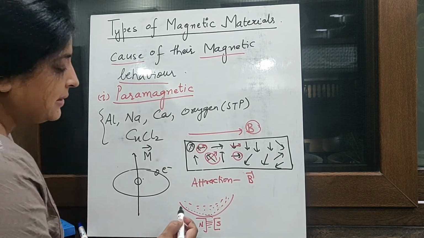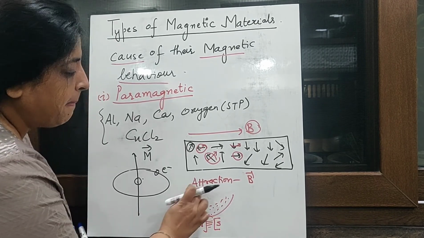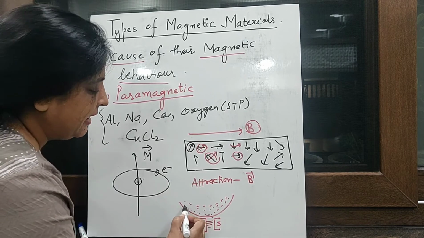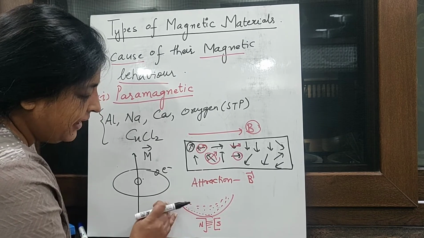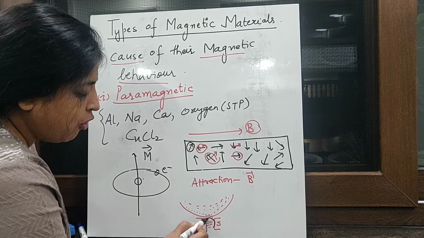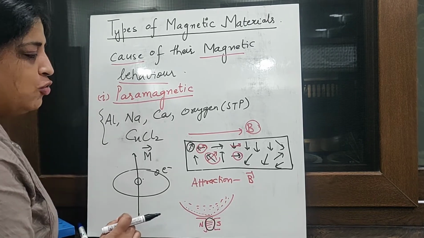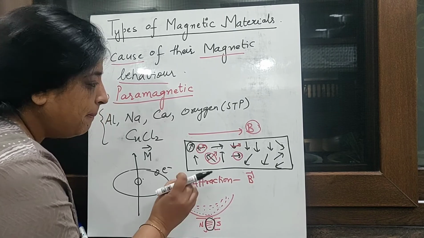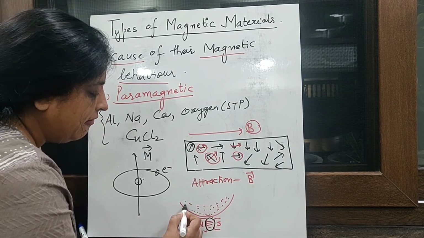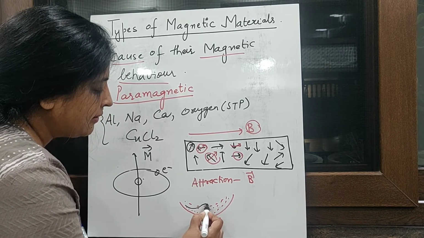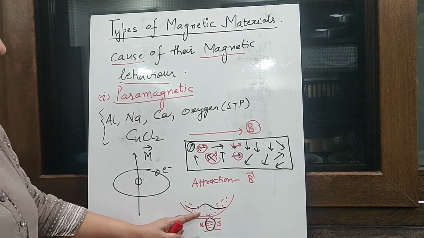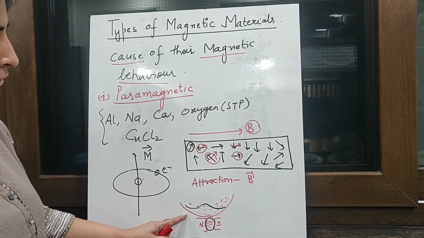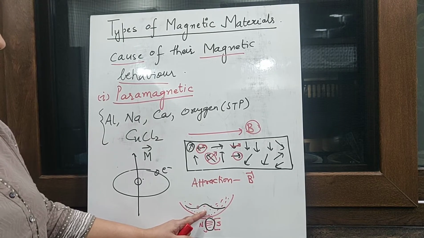Therefore, this heap of paramagnetic material will try to move from the region of weaker field, to the region where the two poles are situated, where the field is stronger. The paramagnetic material will try to move like this, which means that it will try to move from a region of weaker field to a region of stronger field.